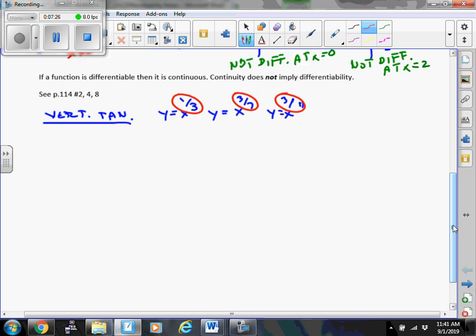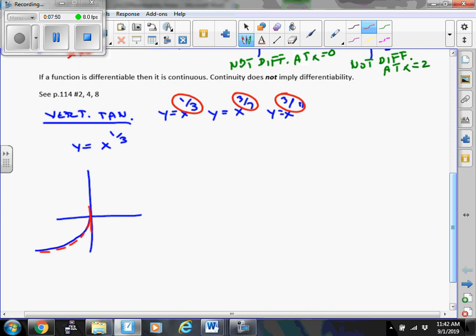Okay, what does a vertical tangent look like? If I graphed this function, x to the 1/3 power, it's a cubic function. As you go along, right here at 0, the slope gets really, really large. Observe how the slopes are small, small, bigger, bigger, bigger, till it gets to right here.